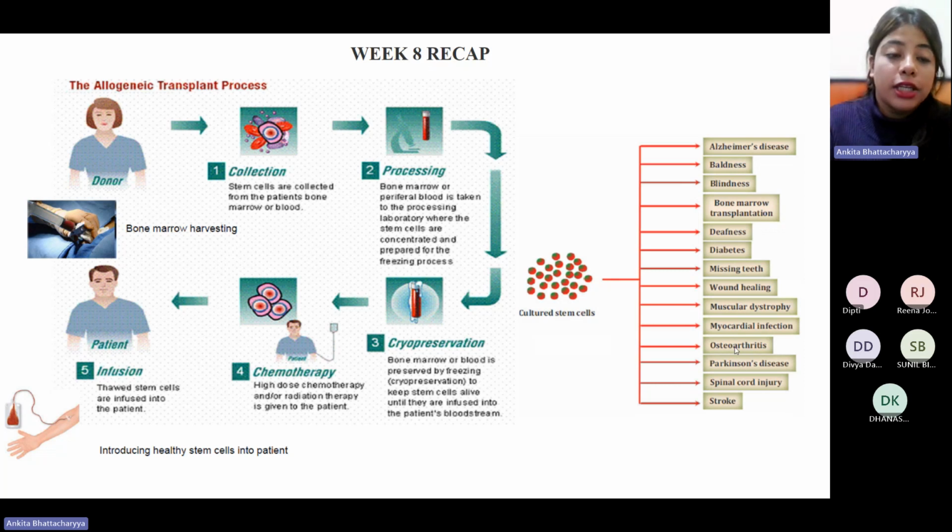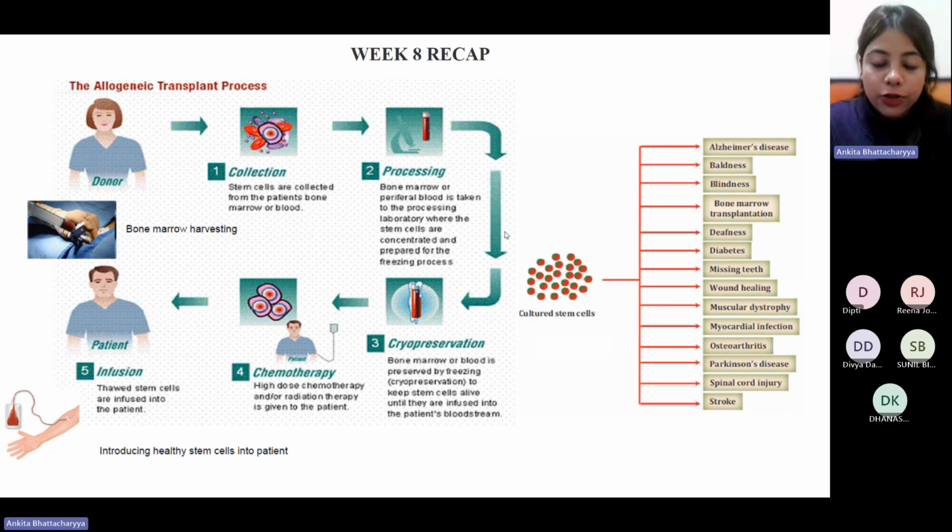Now, this was an allogenic donor transplant. When we say allogenic, it means that it is not from the same genetic background, or the transplantation is being carried out between individuals from two different backgrounds. When an individual's own cells are being transplanted back into their own system after treatment, such a form of transplant is known as an autogenic transplant.